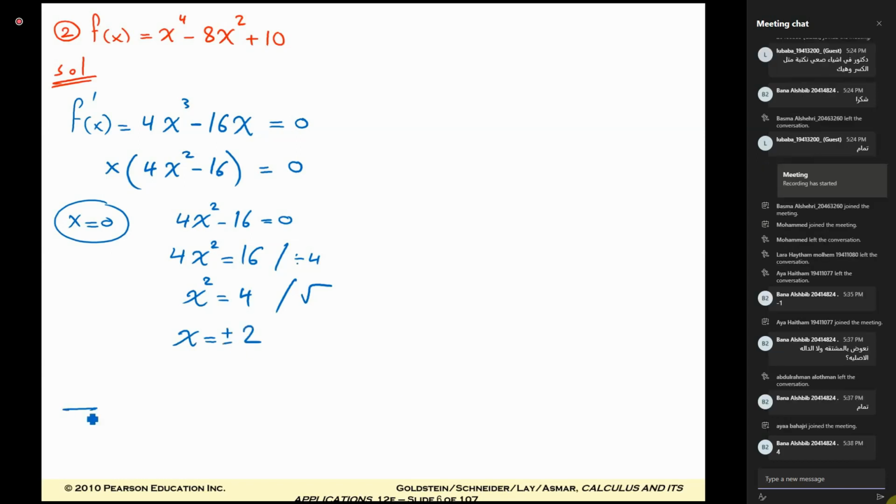So the critical values are x equals 0, -2, and 2. We have 3 critical values.